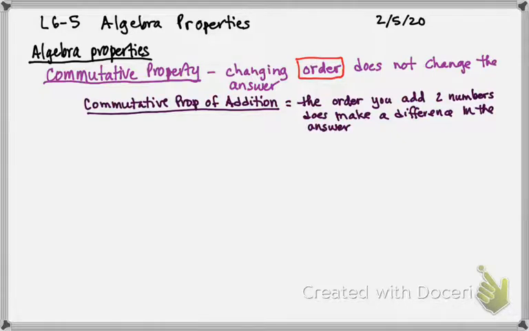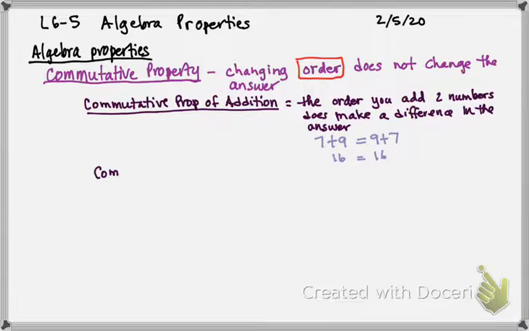Okay, so an example of that would be, I have 7 plus 9, and that would be exactly the same answer as 9 plus 7. So 7 plus 9 is 16, 9 plus 7 is 16, and they are going to be equal to each other.